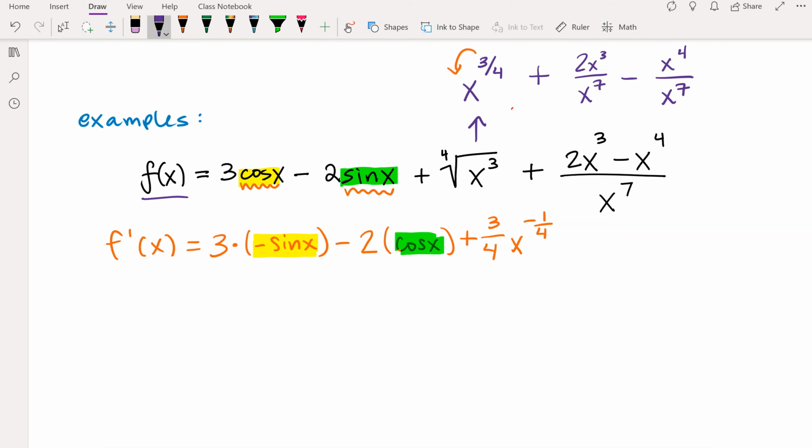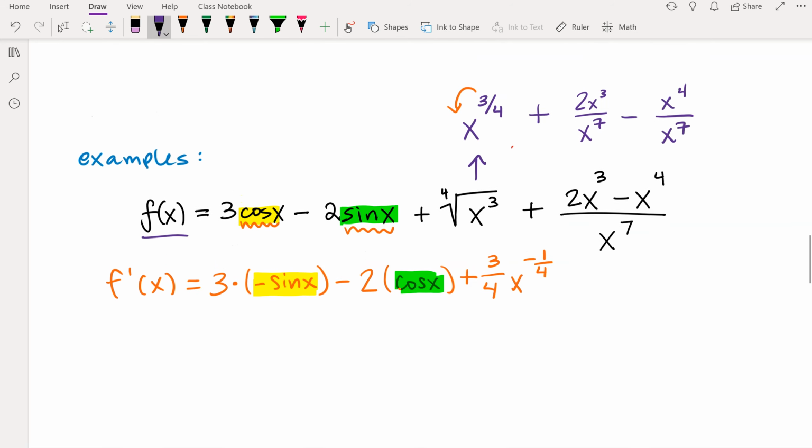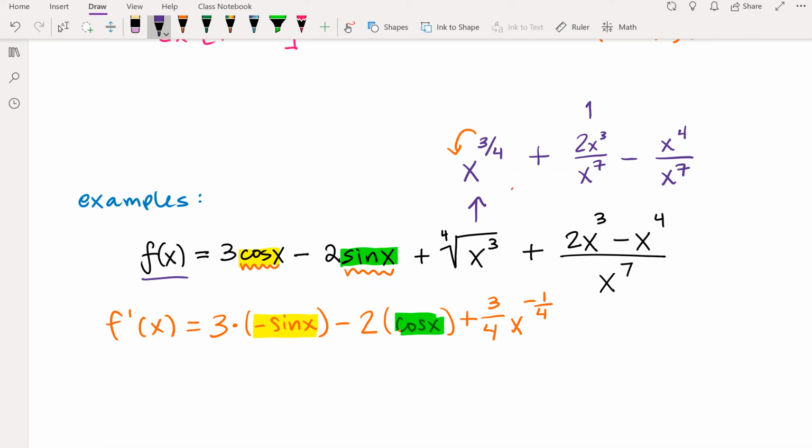All right, cool. Now we can simplify these. x cubed over x to the 7th is the same as 2 times x to the -4. And then minus, remember, we haven't taken any derivatives yet. We're just rewriting the original function f of x so that we can take a derivative using the power rule.